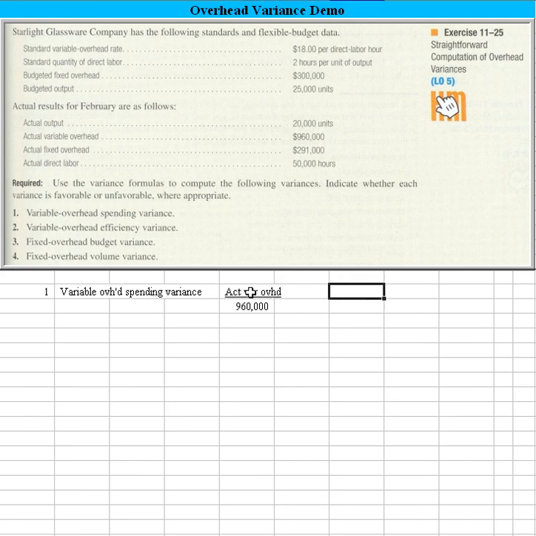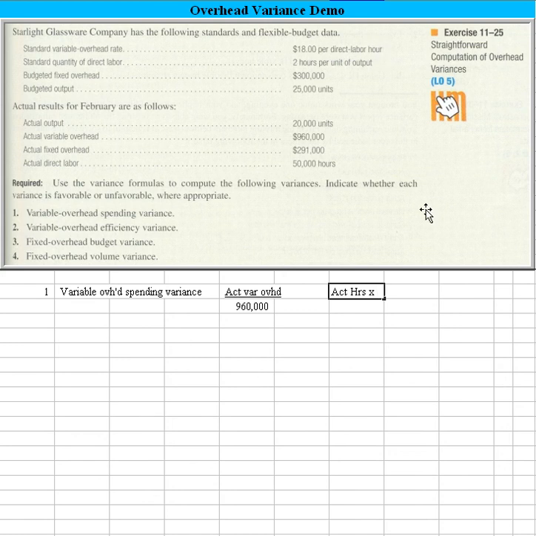Then we also need to consider the actual hours times the standard variable overhead rate, which was given as $18.